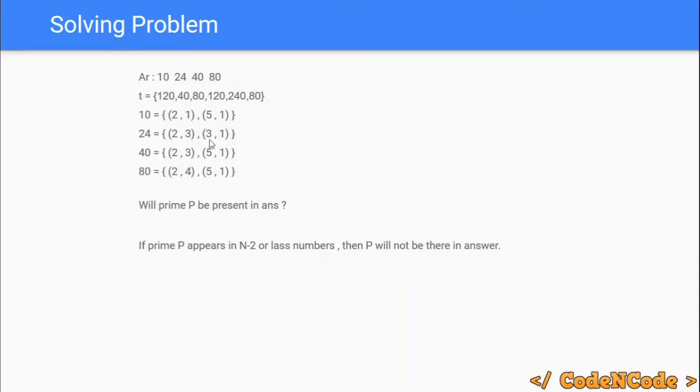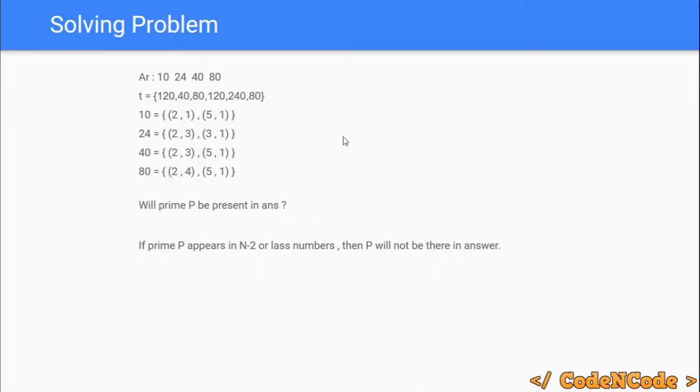But 3 is appearing only 1 time, which is n minus 3, which is less than or equal to n minus 2. So if any prime is appearing n minus 2 or fewer times, then it will not be present in the answer. The question is why? Try to pause the video and try to answer this question yourself.